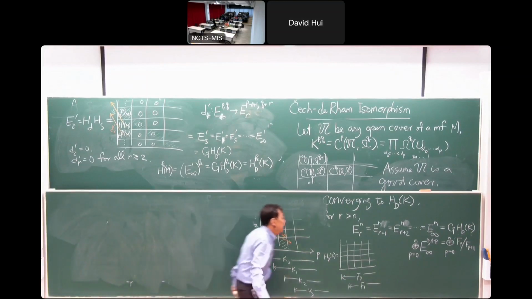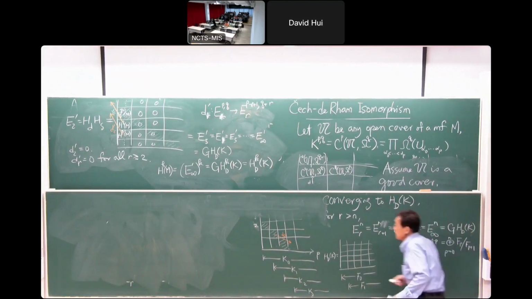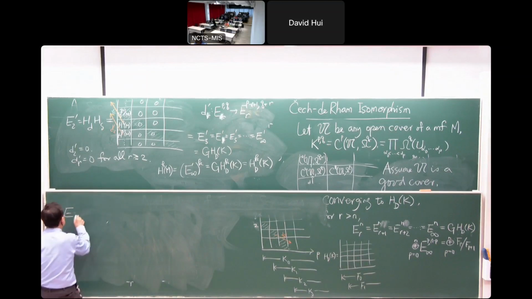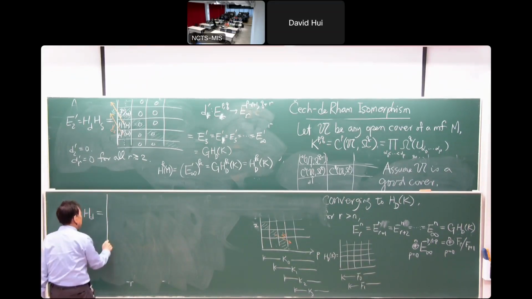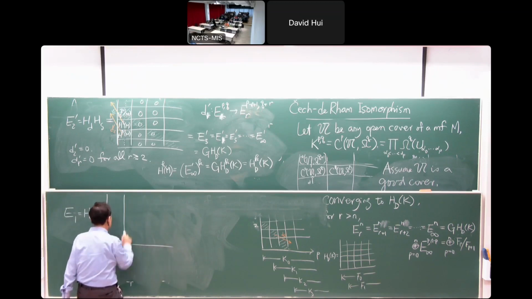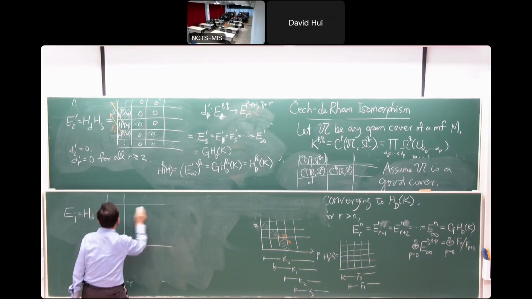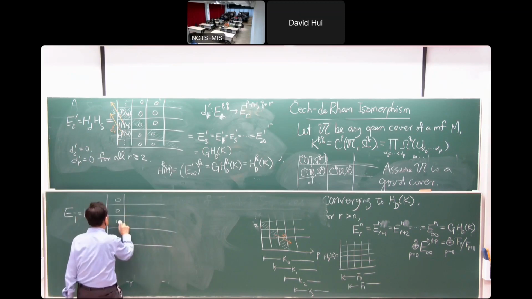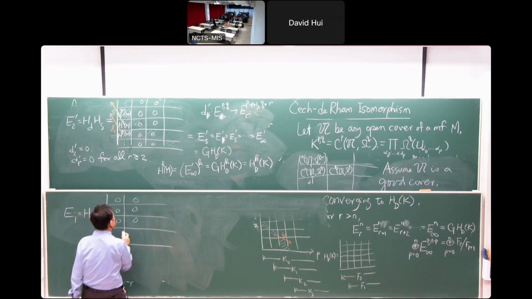Okay. So the first spectral sequence will have E1 is HD. And then if we have a good cover, everything will be 0 except in degree 0.